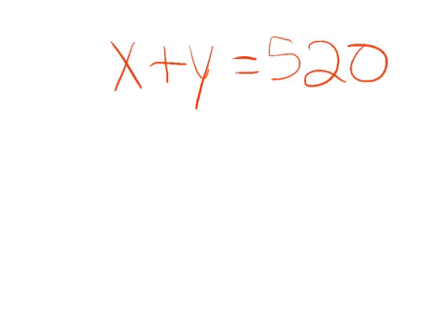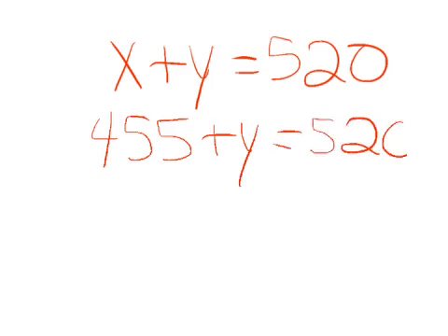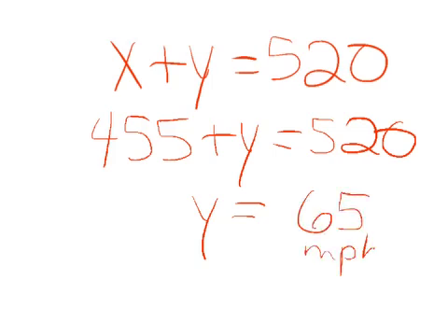What you then do is go back to one of the original equations, and you plug in 455 for x and solve for y, and y equals 65 miles per hour, and again, this is the wind speed.